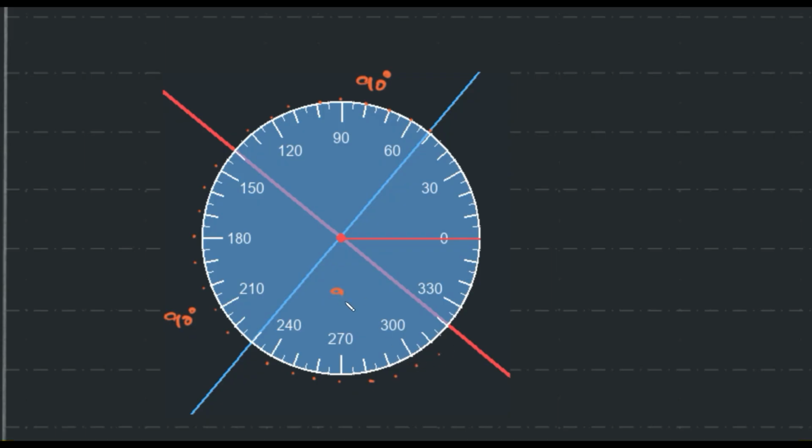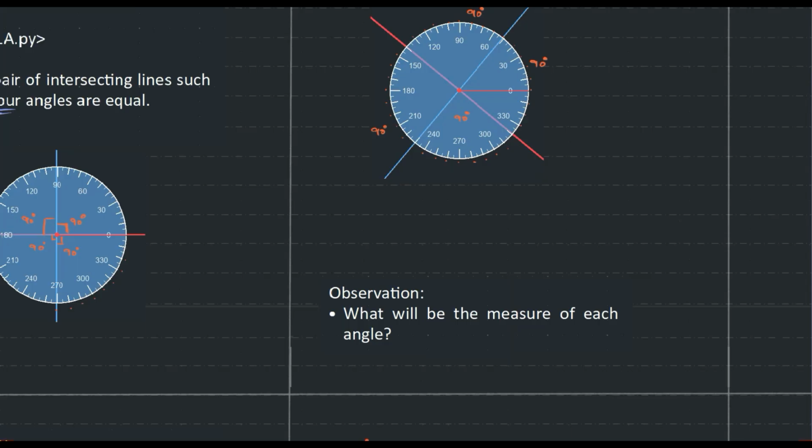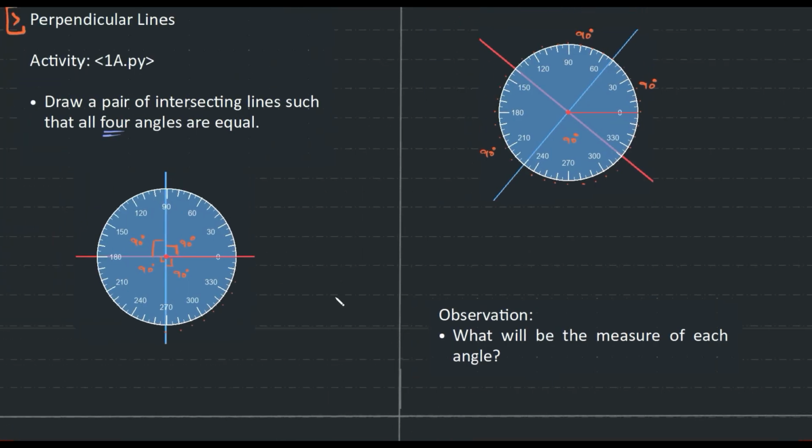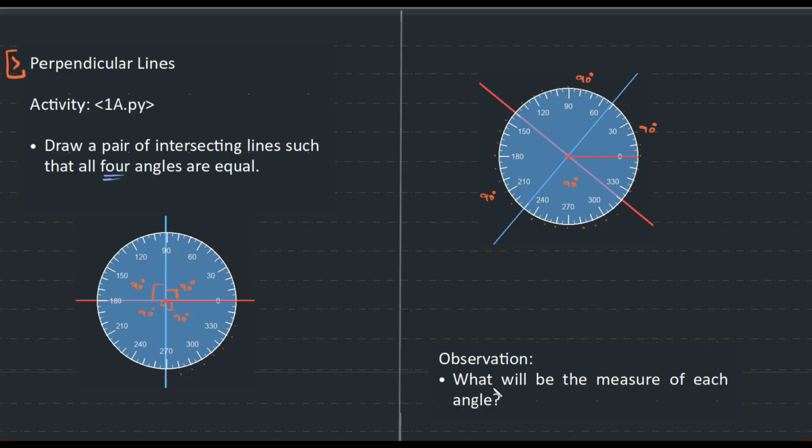These two are 90 degree. Then we have 10, 20, 30, 40, 50, 60, 70, 80, 90. Again, we were able to successfully create a scenario wherein all the angles are equal. So what will be the measure of each angle? In this case, we got to see it was 90 degree.